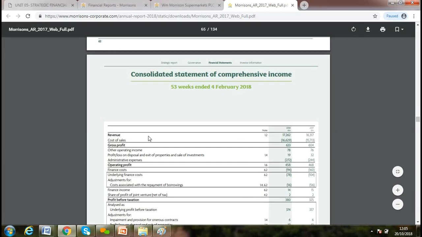Okay, I'm there. You will see pages 62 and 63 now. Last year, this year, what's happened?